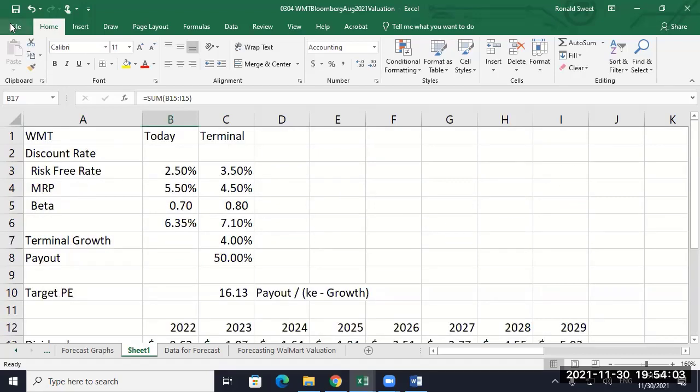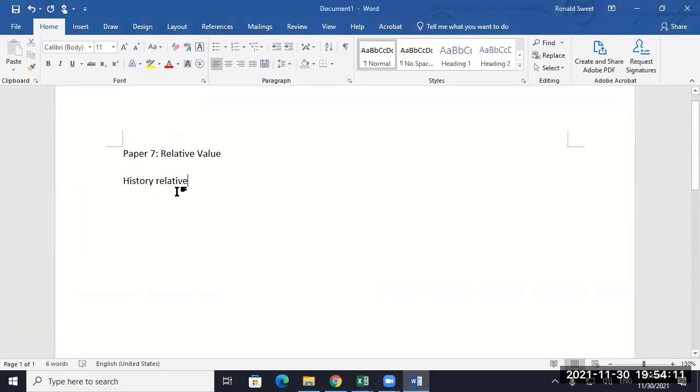I'll try to remember to save this out to Blackboard. So those are the 3 things that you do in this last one. So the 3 things you put in this paper.